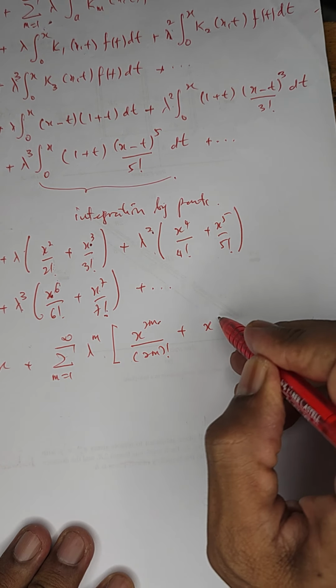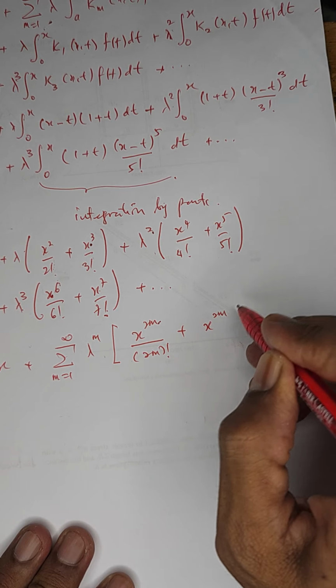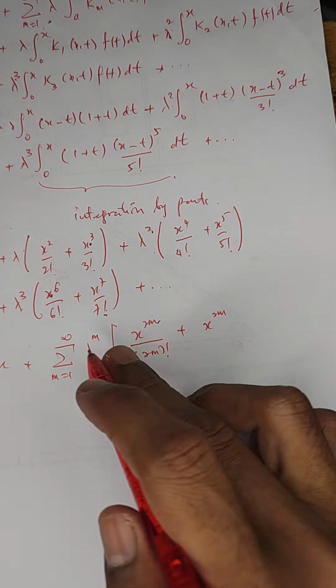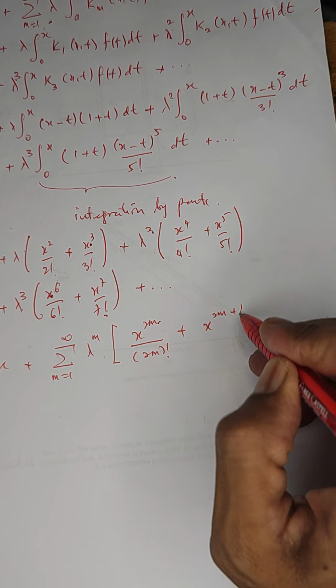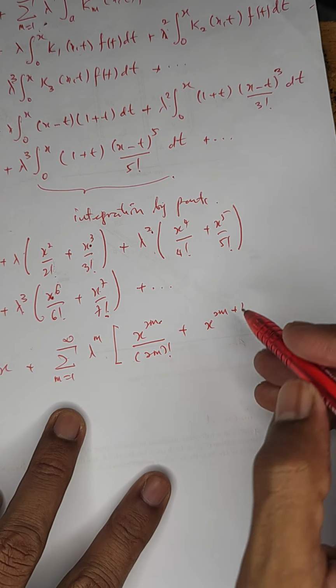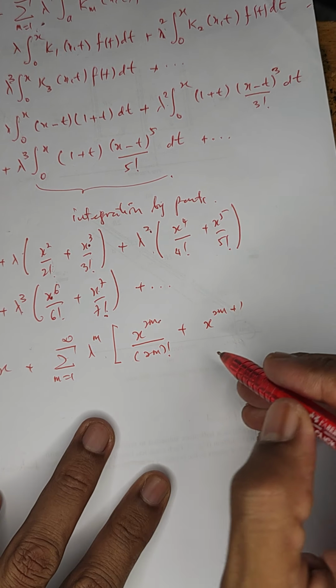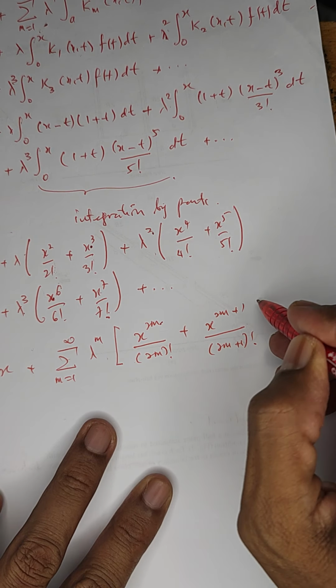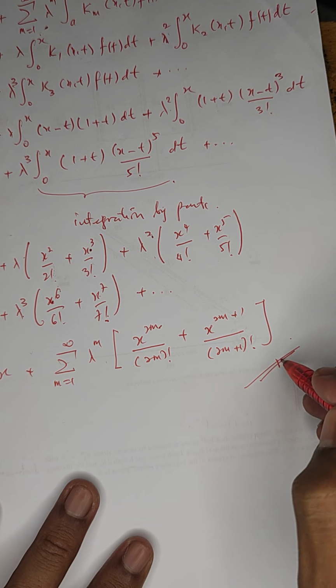So you have x to the 2m plus 1, since m equals 1 gives you 3, and m equals 2 gives you 5, over (2m plus 1) factorial. So that gives you the solution.